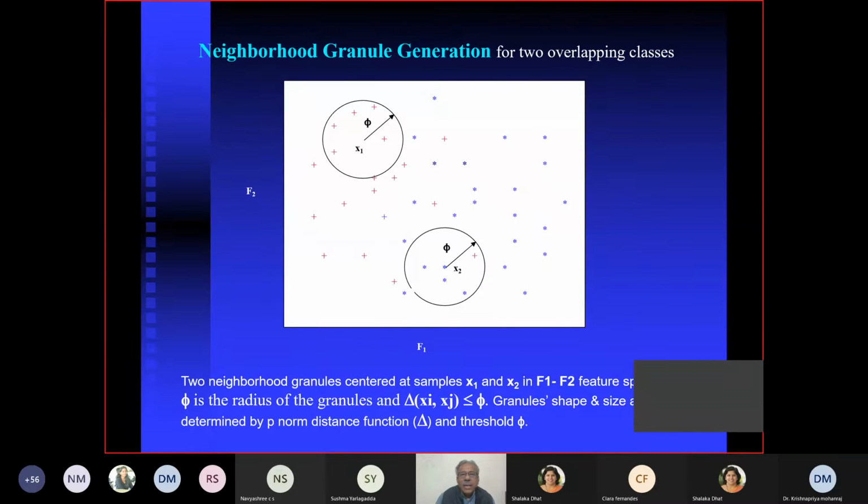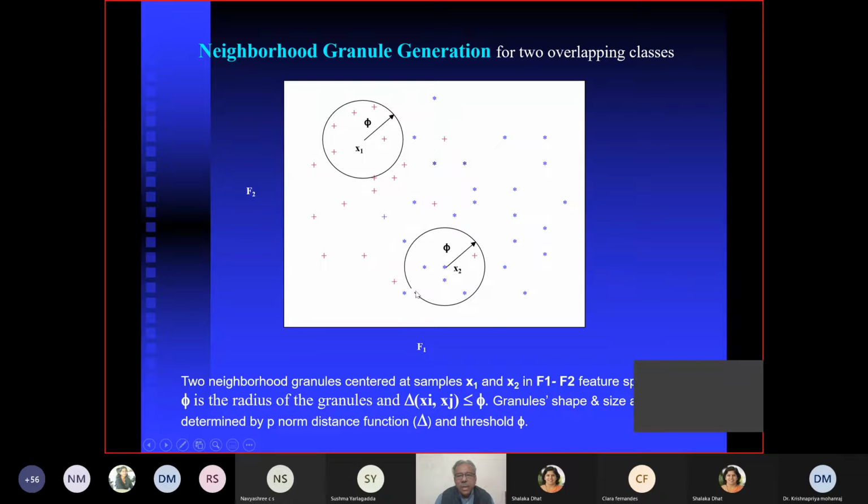Before I go further, let me explain the concept of neighborhood granule in a feature space. This is a two-class problem, blue and red. For every pixel, every point, I can define a granule, as marked here, a neighborhood granule centered around x1, x2 in the feature space.